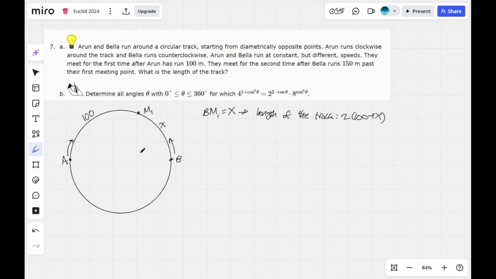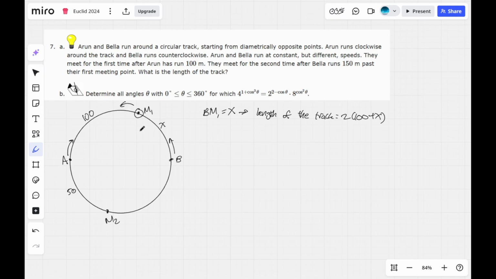So then we can label a second point, M2, and this is where Arun and Bella meet for the second time. This is when Bella runs 150 meters past their first meeting point. Because Bella runs in this direction, AM2 is equal to 150 minus AM1, which is 100.